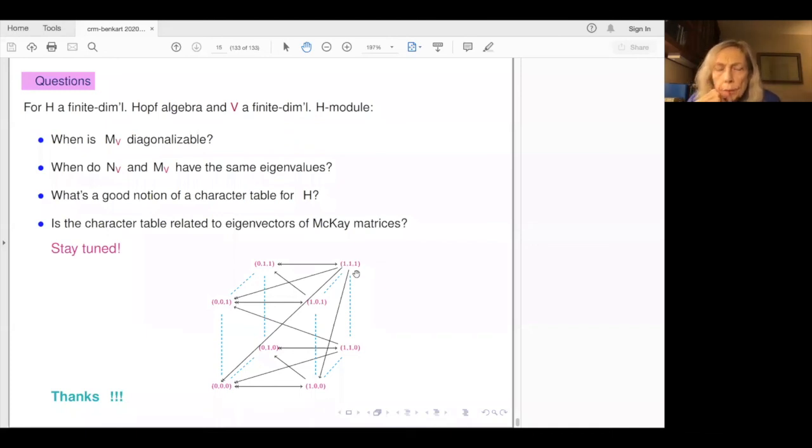You could. Maybe one thing I could say is in the UQSL2 case, if you do repeated tensoring with V1s, you actually will see all the simple modules appearing.